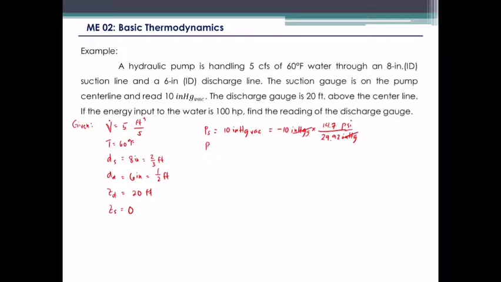So P sa suction now is negative 4.91 PSI gauge. Also, we are given the power of the pump, 100 horsepower.